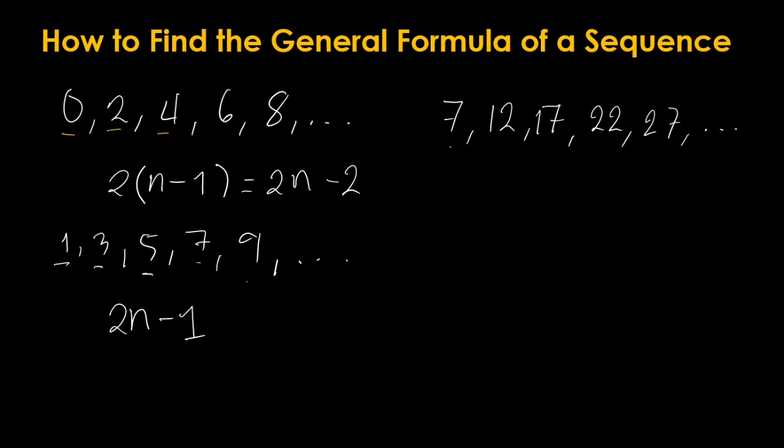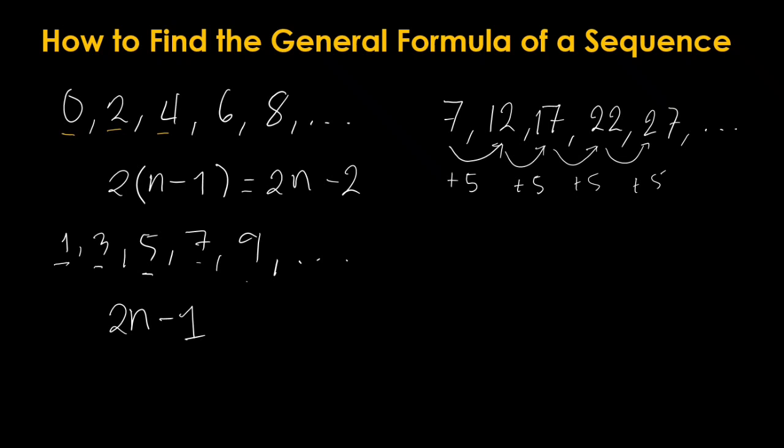So this is a sequence where you have a common difference of 5; you add 5 successively for the next terms. There you go.